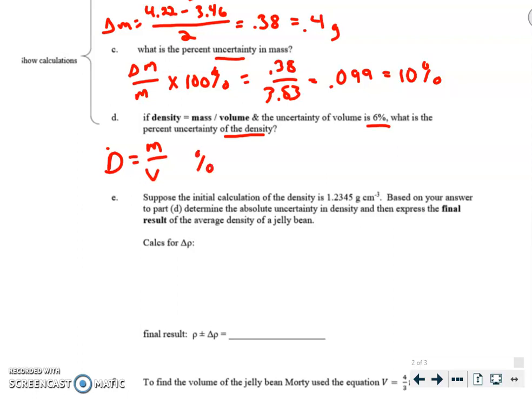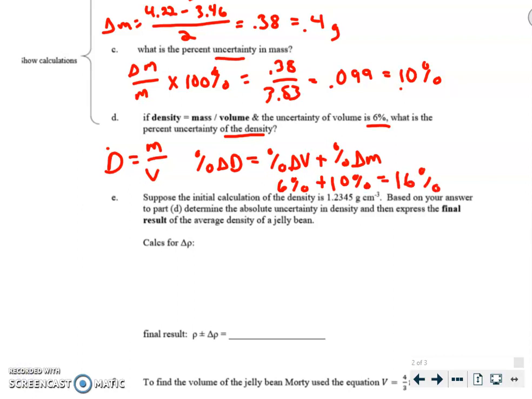So percent uncertainty in D is percent uncertainty in volume plus the percent uncertainty in mass. And you were given percentages. So if percent on volume is 6%, and this we found to be 10%, add them up, and we get 16%.